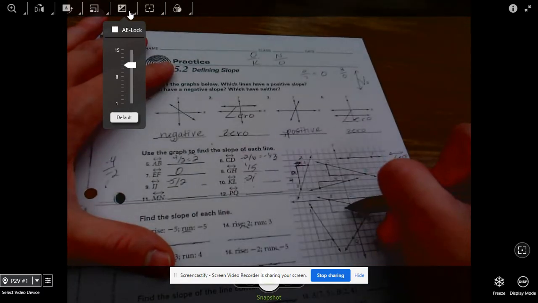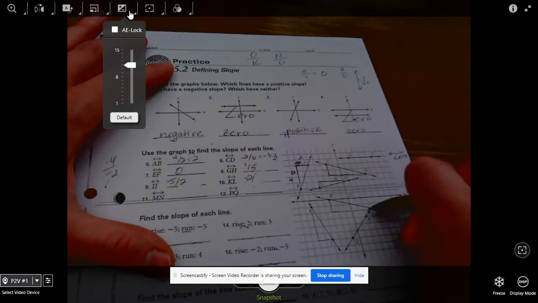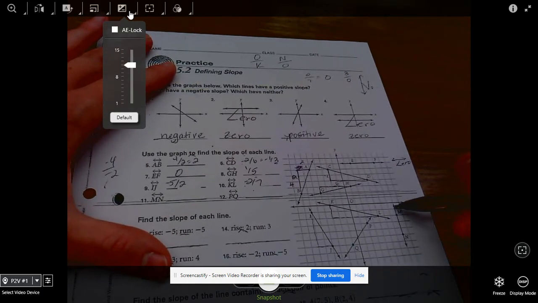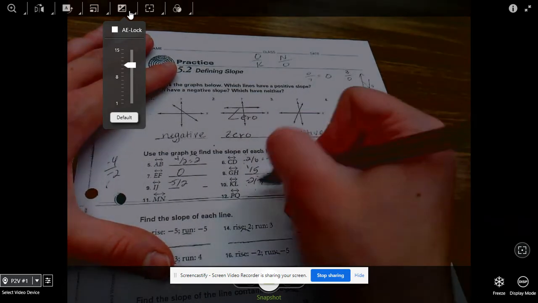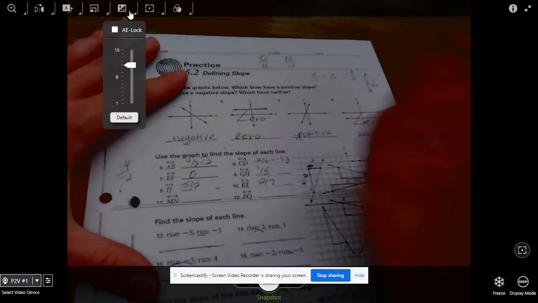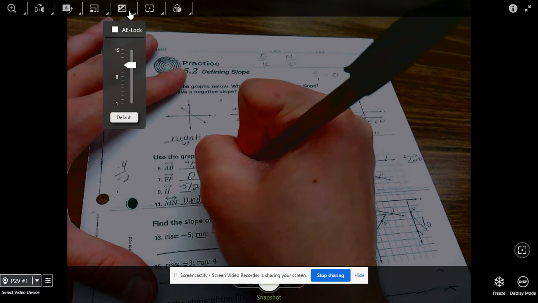And you went over 1, 2, 3, 4, 5, 6, 7. MN, oh, you went down 1, 2, 3. We didn't go over. So it's like negative 3 over 0, which is no slope. If you just see the no, you can say no slope. Or undefined is really what you're going to see in textbooks.